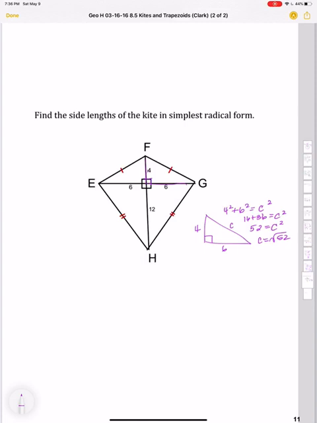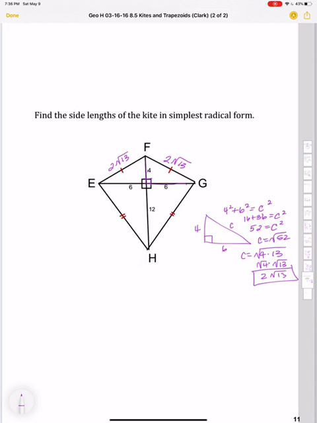And 52 divided by 4 is 13. So c equals the square root of 4 times 13, the square root of 4 times the square root of 13, which is 2 root 13. So that is simplest form for this. So this is 2 root 13 and 2 root 13.